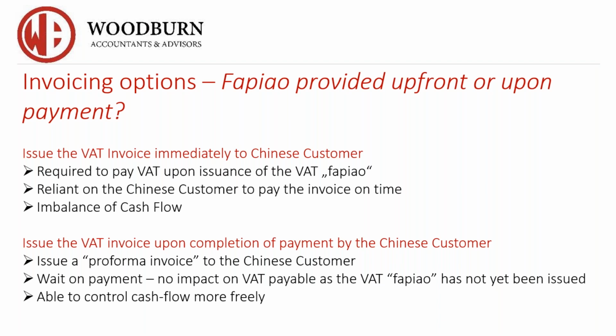The reason why you should take this into consideration is because of the payment terms that you may have with your Chinese customers. All right. The minute that you issue a VAT Fapiao, you are liable to pay the VAT in that month or in the following months, depending on when that Fapiao was issued. So it might cause an imbalance in your cash flow depending on how large that invoice actually is.